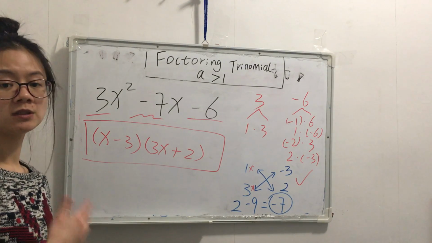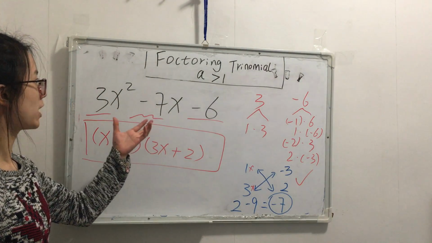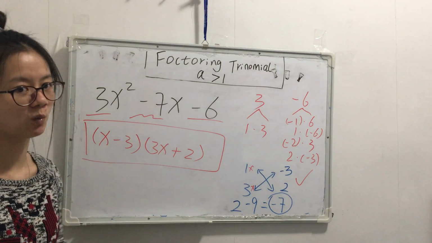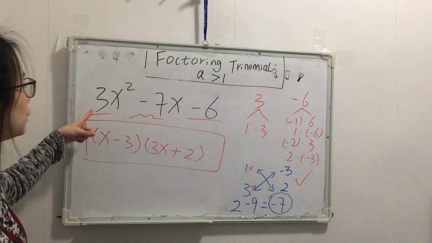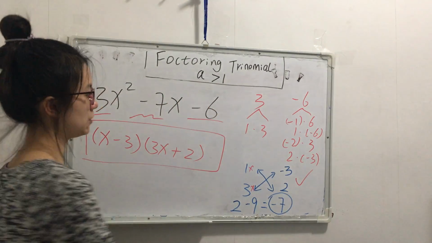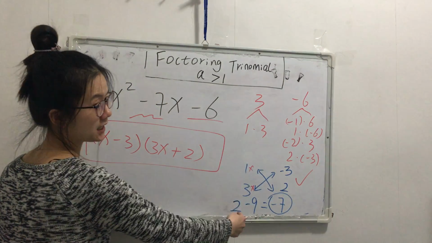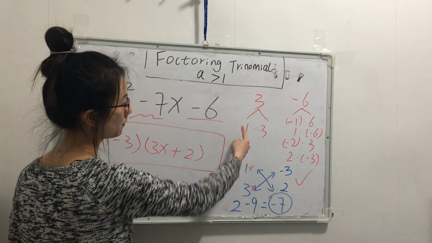Okay, so these are the methods we use to factor trinomials when the leading coefficient A is greater than 1. How do we do it? We find the factors for the A term and the factors for the C term. And then we use the cross multiply. On the left hand side, we put the factors for the A term.